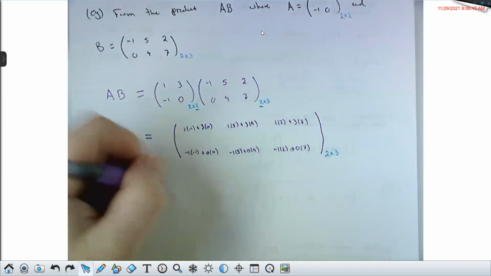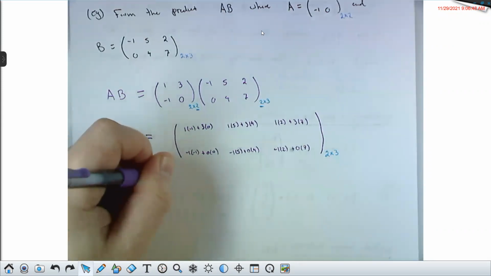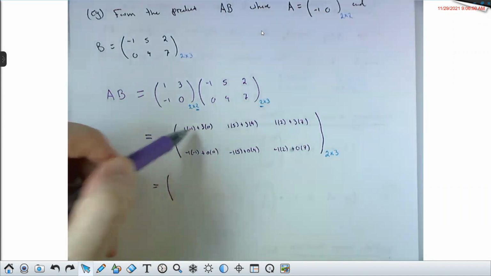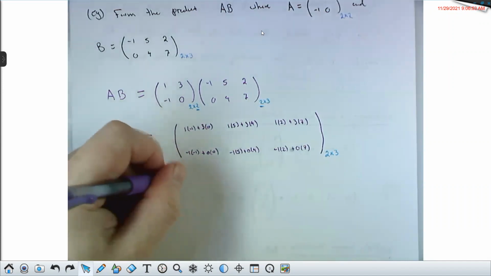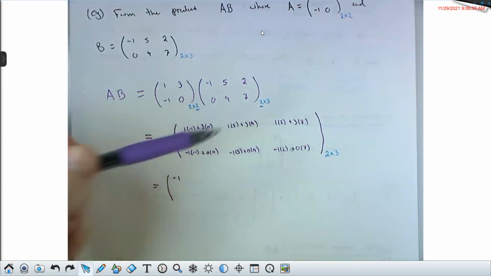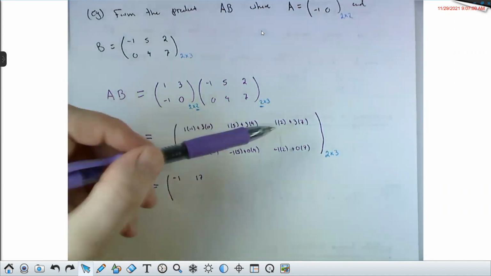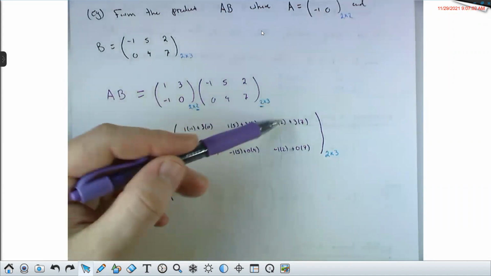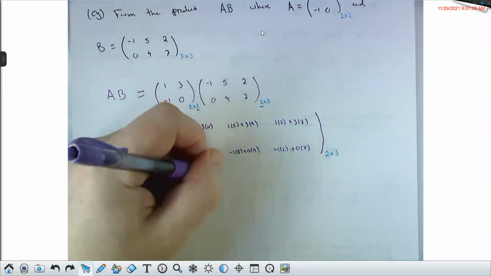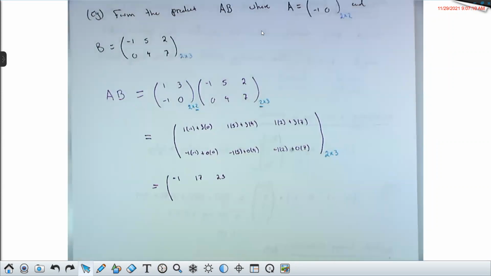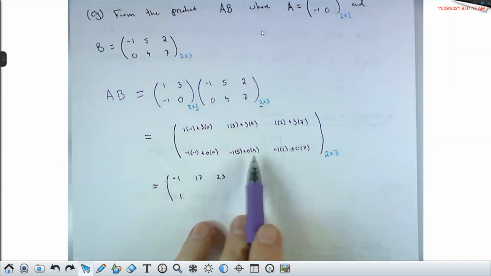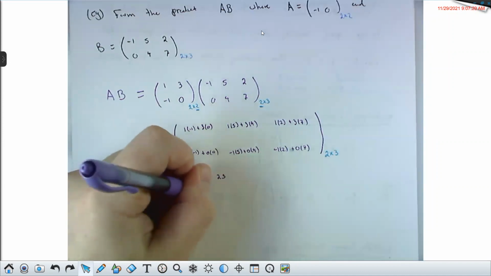Now, of course, nobody would leave it like this. 1 times -1 plus 3 times 0 is -1. 1 times 5 plus 3 times 4 is 5 plus 12 is 17. 1 times 2 plus 3 times 7 is 2 plus 21 is 23. -1 times -1 plus 0 times 0 is +1. -1 times 5 plus 0 times 4 is -5.